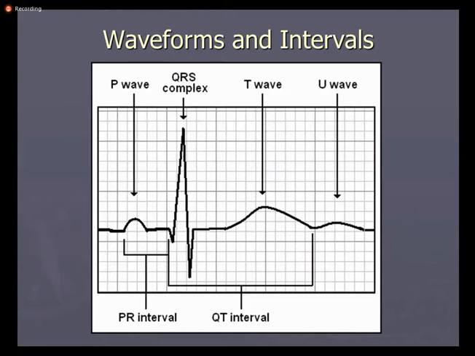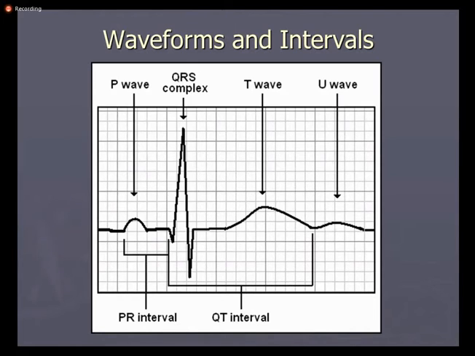Now the electrical activity which is going on again and again in the heart, if you see it on ECG paper, which shows a graph: the P wave means the atria are depolarizing, the QRS complex shows the ventricles are depolarizing, and the T wave shows the ventricles are repolarizing.